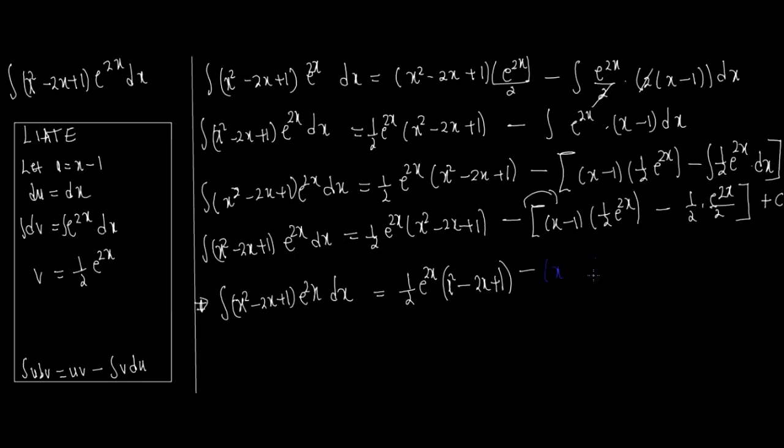Let me just do it well. We'll have 1 over 2 e to the 2x times x minus 1. And when we distribute the negative here, we'll have a positive 1 over 2 times 1 over 2, which is 1 over 4, e to the 2x plus C.